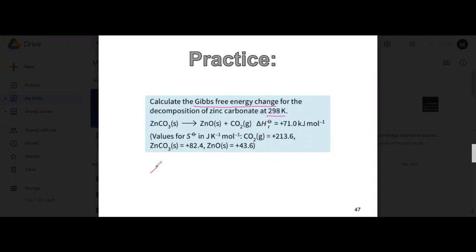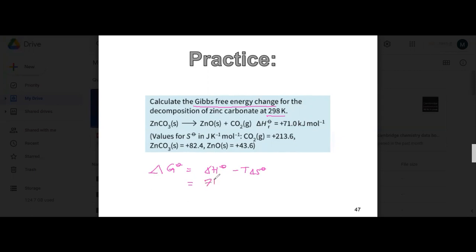Okay, you already know the formula that delta G equals delta H minus T delta S. So what we should do is change the units. For delta H, we can change the unit to joules.